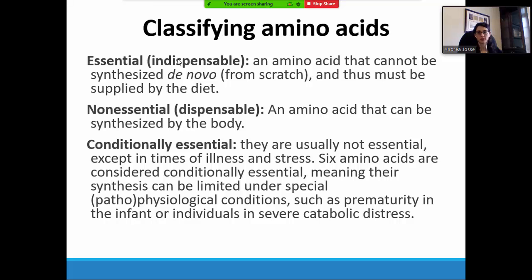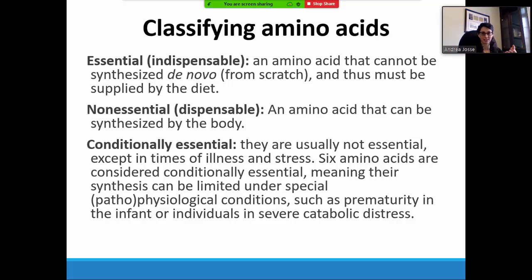So again, going over here, the essentials are those that we cannot make in the body, we need from the diet. The non-essentials are the amino acids that can be synthesized by the body, and the conditionally essential ones are those that are usually not essential, which means that you can make them in the body, but there are specific times in which the body can't do that.